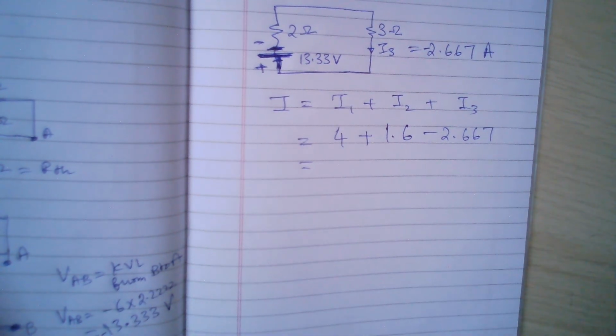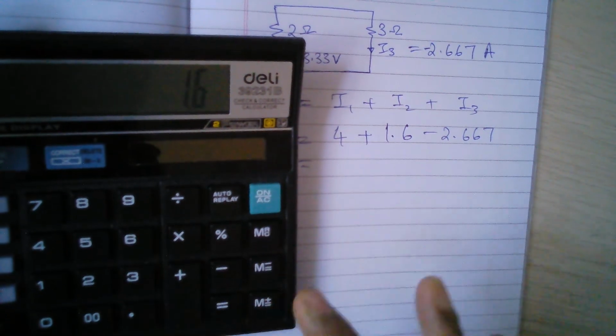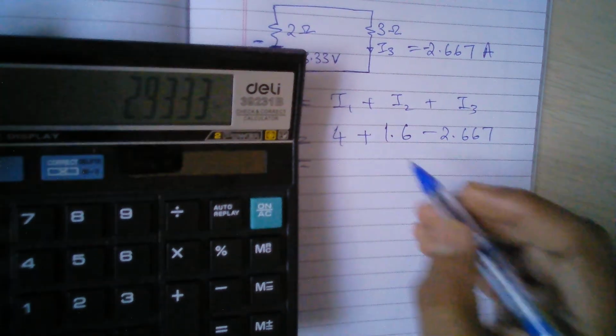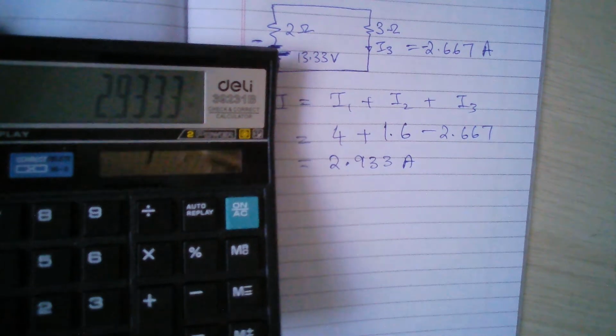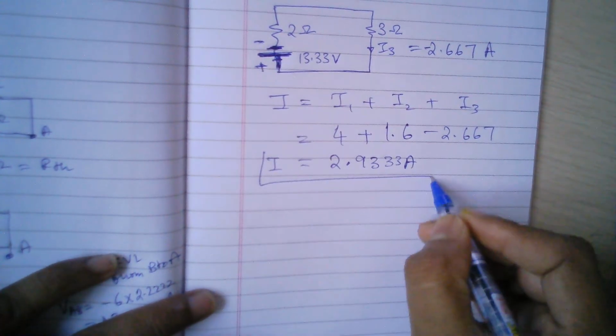Okay, so finally my current is like this. So 4 plus 1.6 minus 2.6667, 2.933 amperes. Okay, so this is my final answer of the problem.